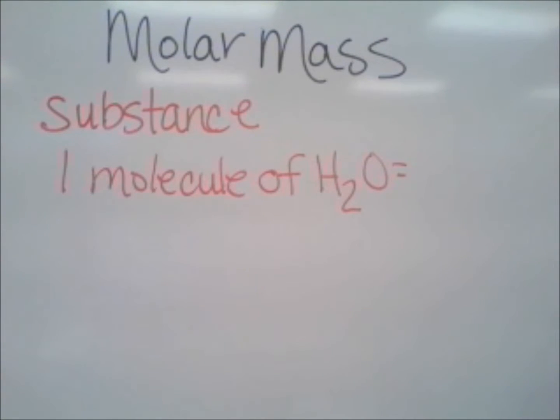Let's do a second example of molar mass. This time we are going to use the substance water, H2O. Remember that compounds have definite chemical compositions and are considered substances. Again, we are going to go to our periodic table and we are going to add up the masses of the elements involved in H2O.